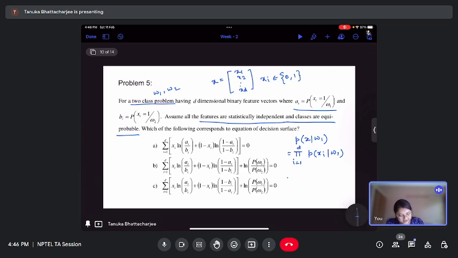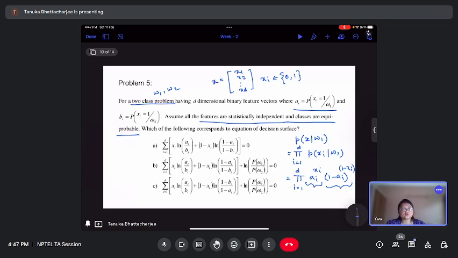So you can write this in a compact form as ai to the power xi into 1 minus ai to the power 1 minus xi. If you put xi equals 1, the second term goes to 1 and you are left with ai. When xi equals 0, the first term goes to 1 and you are left with 1 minus ai. This way you can write the PMF, the class conditional densities.